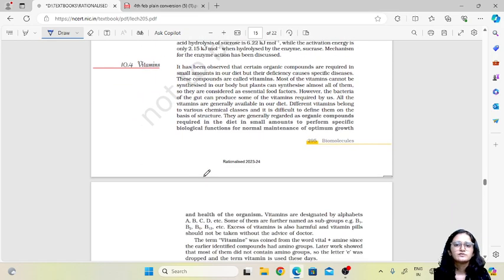Next is vitamins, which are very important biomolecules for our body. Now vitamins are required in very small amounts, but their deficiency causes specific diseases. So they are very important for our body. Most of the vitamins cannot be synthesized in our body, and plants can synthesize almost all of them.